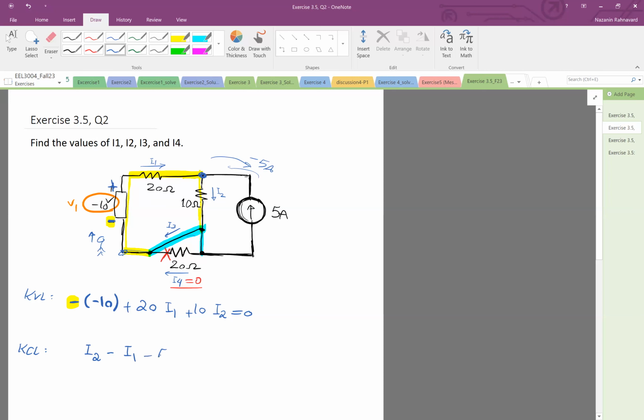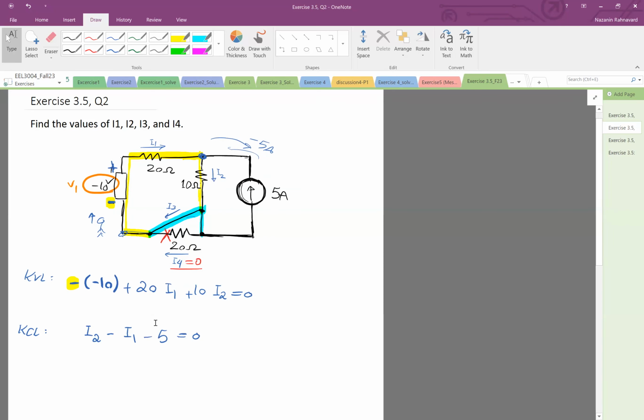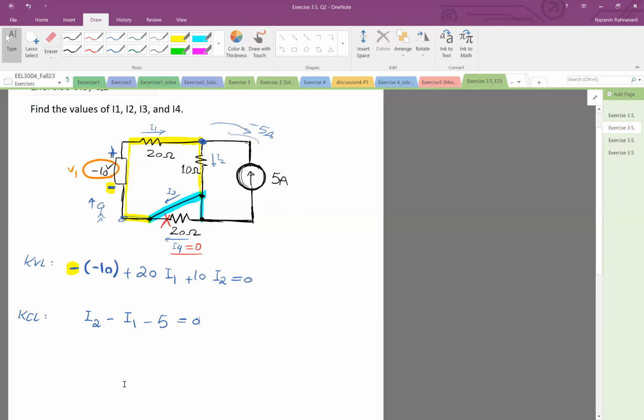So negative 5 equals 0. Two unknowns, two equations. Let me simplify this. This gives me 20 I1 plus 10 I2 equals 10, because I took the negative 10 to the other side. And this one gives me negative I1 plus I2 equals 5.